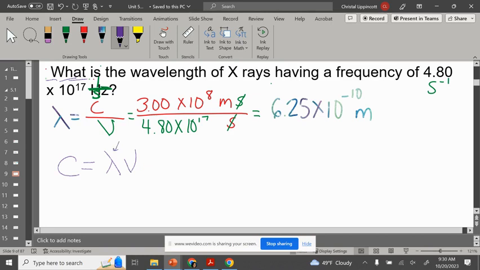We rearranged it for lambda, and that made it so that the speed of light, which is c, had to go over frequency, and then you just plugged it in for each. Okay, that makes more sense.